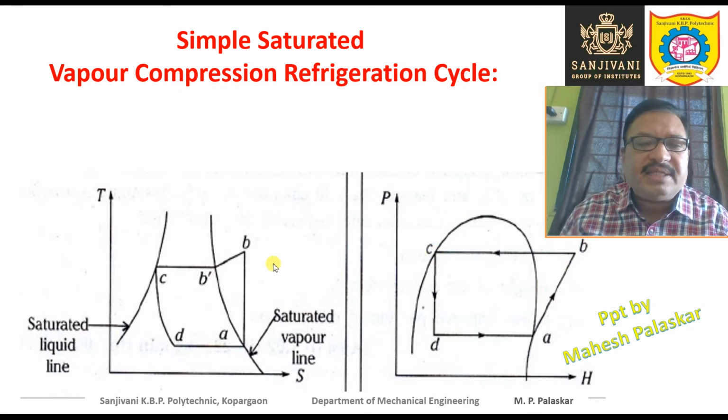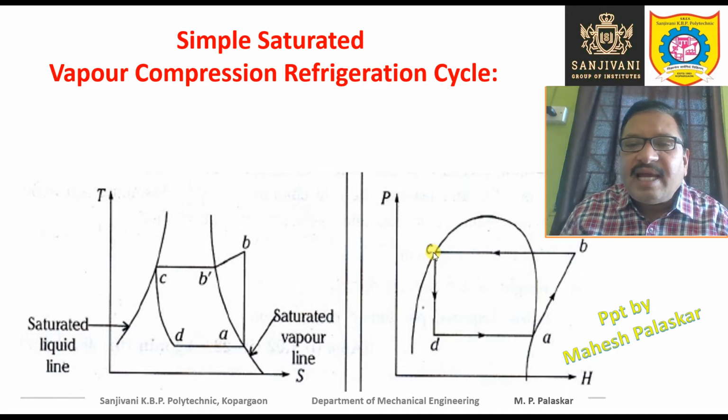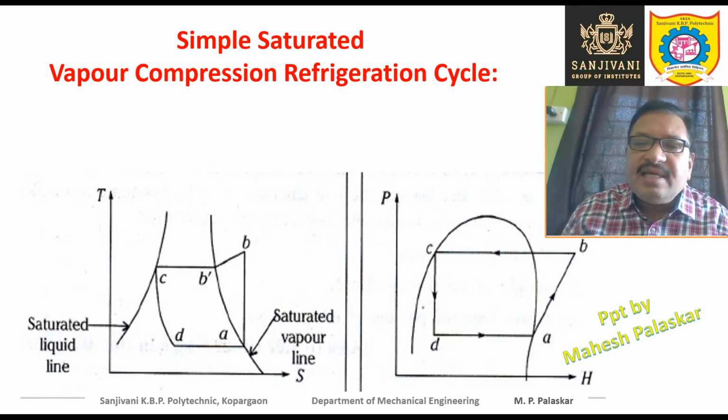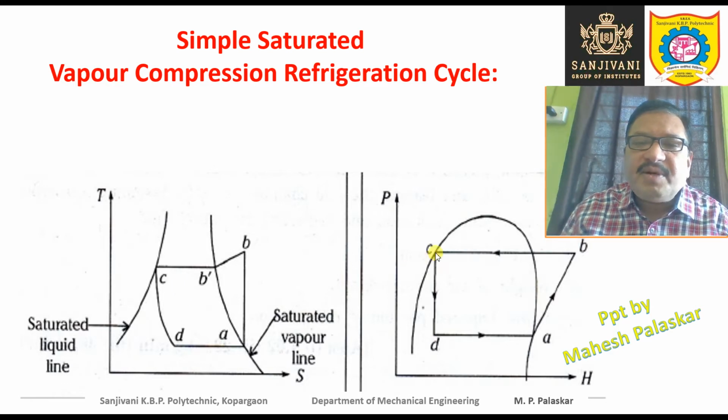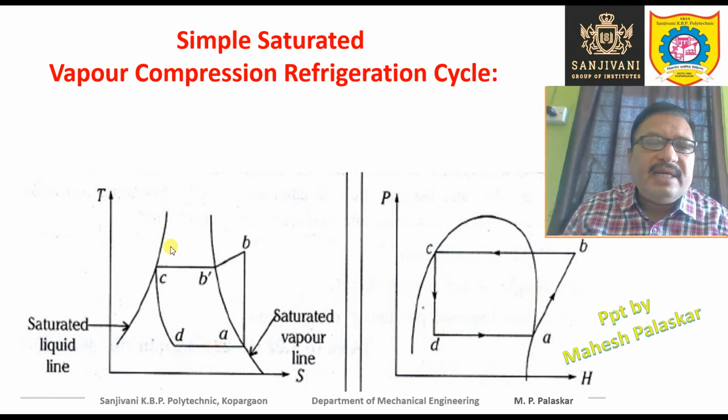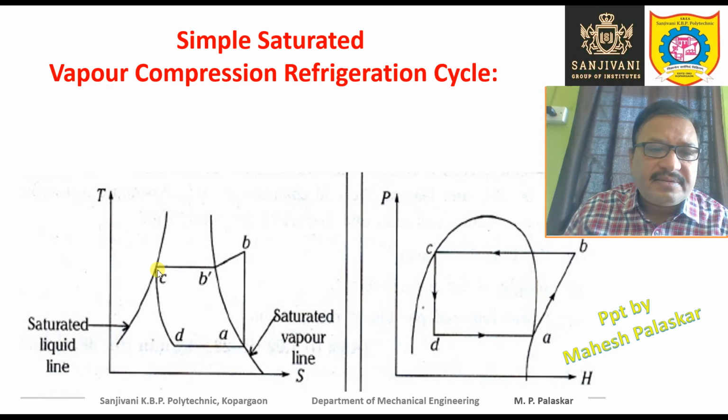During the second process, the refrigerant vapor is condensed, and at the end of condensation, we see that the liquid which is obtained at the end of condensation is saturated liquid at point C, because point C is lying on the saturated liquid line. Here you can see on the pH diagram also, and here you can see on the TS diagram also, that point C is lying on the saturated liquid line.